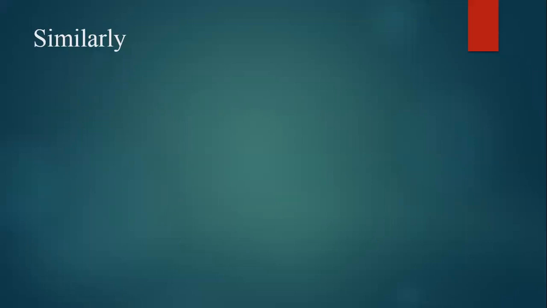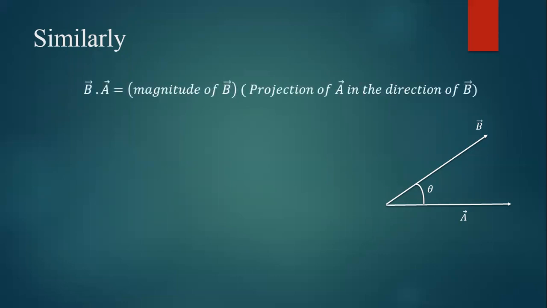Similarly, if we change the order of multiplication, यानी अगर हम ऑर्डर ऑफ मल्टीप्लिकेशन चेंज कर देते हैं, पहला हमारा वेक्टर B है, दूसरा वेक्टर A है, then dot product B dot A is equal to magnitude of first vector, which is B, into projection of second vector, which is A, in the direction of vector B. So again, by resolving vector A into its rectangular components, here A cos theta is the X component of vector A, and A sin theta is Y component of vector A, which is opposite to angle theta.